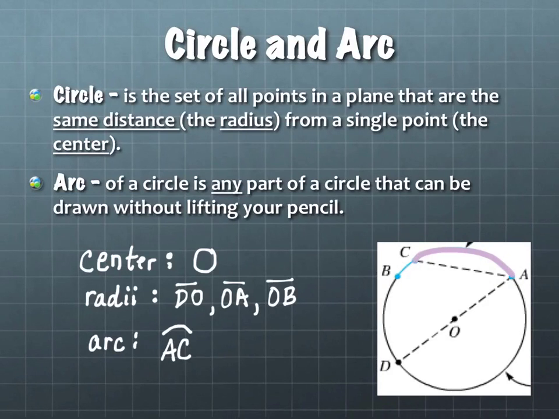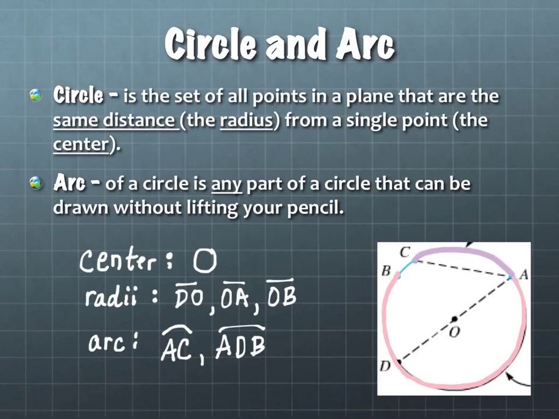So not a straight piece, that's a segment. It's curved, so it's an arc. You could also talk about the arc, and this is going to sound a little bit funny, but the arc ADB. So what if I take this and I go around the other direction? Like that? That would be an arc, a really big one.